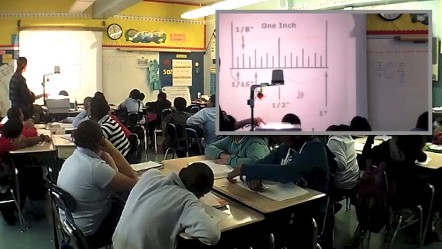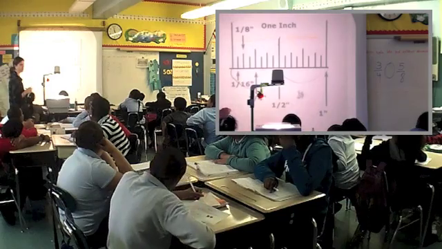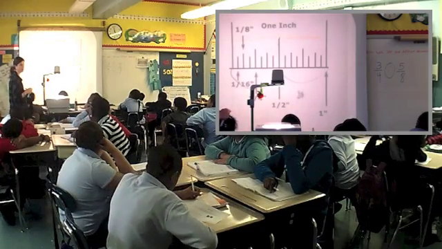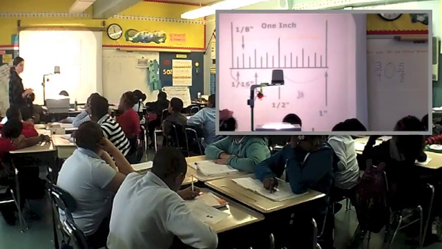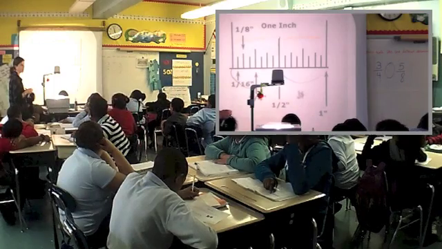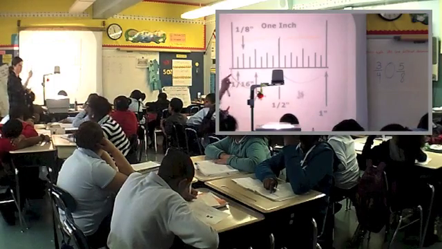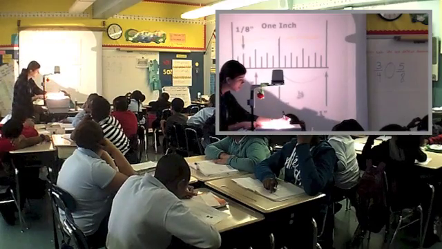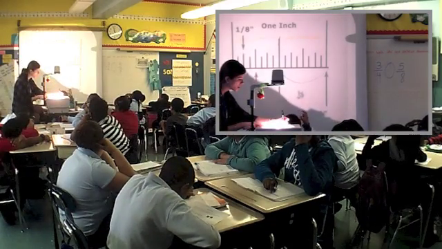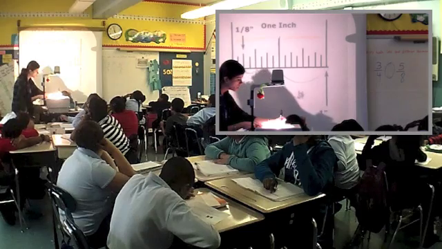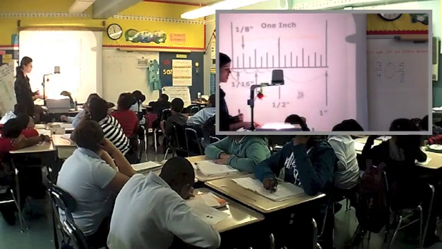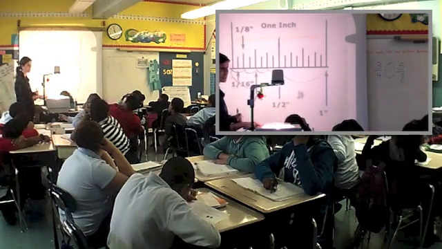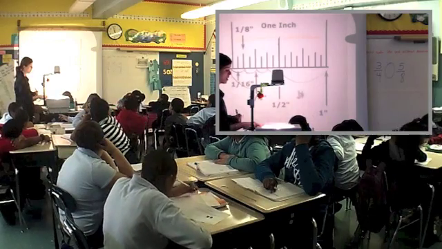To find the fourths, you have to split that same inch into 4 pieces. So in order to do that, I want to look at what mark is going to give me, if I jump 4 times, 4 equal pieces. Now if I go from here to here, that's 1, 2, 3. No, that's not right because I need 4 pieces all together. So that can't be the line.